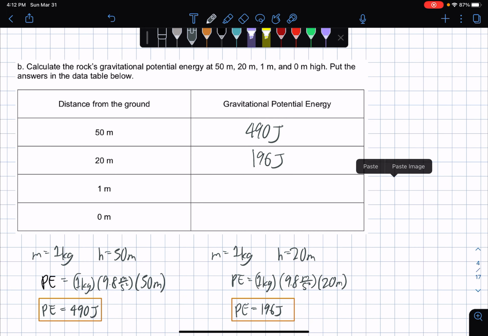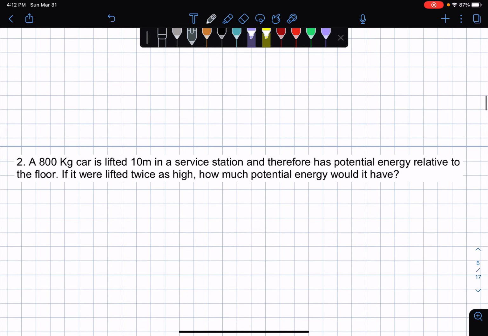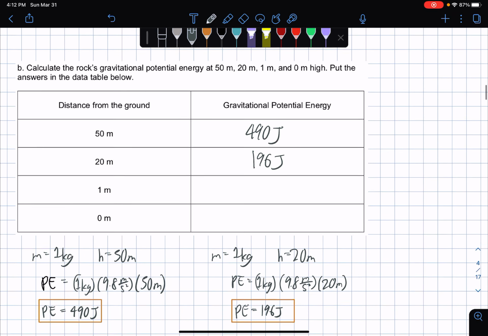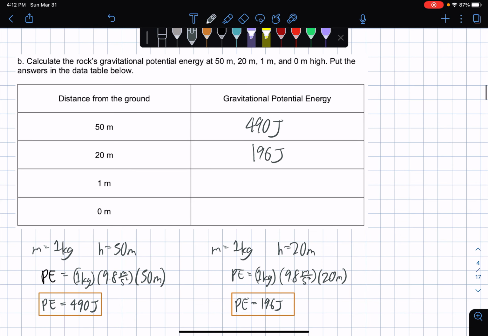Okay, next. This might be easy to answer, but eventually in the next questions, maybe in the next lesson, it's not just the PE that we are supposed to find. We have to look for KE, TME, work, momentum, impulse, those values.